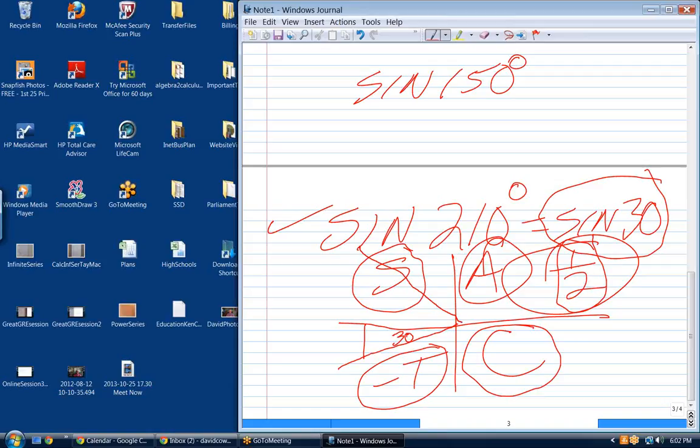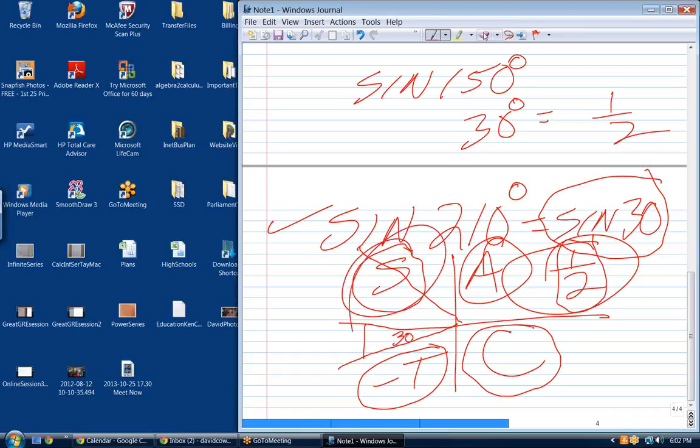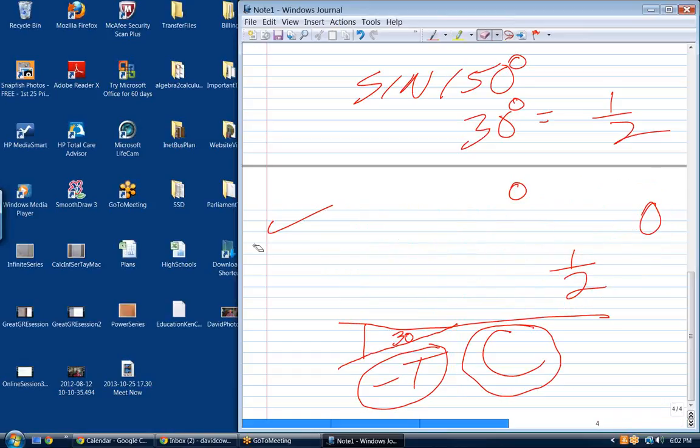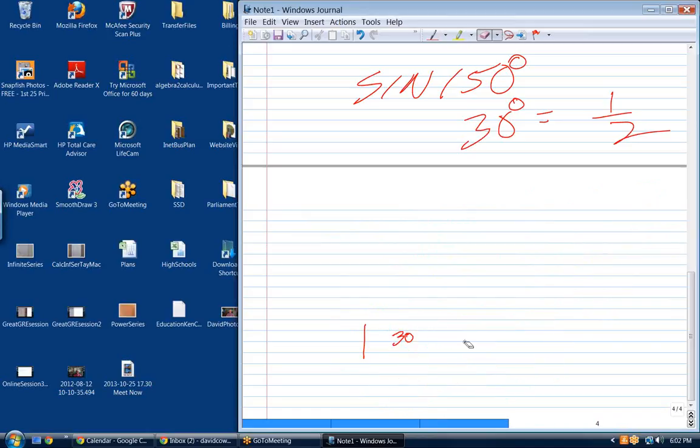The reference angle would be 30 degrees. So it's the same number as 30, except this time, it's positive, because it's in the second quadrant. So using this technique, let me just give you 3 very important pieces of information.